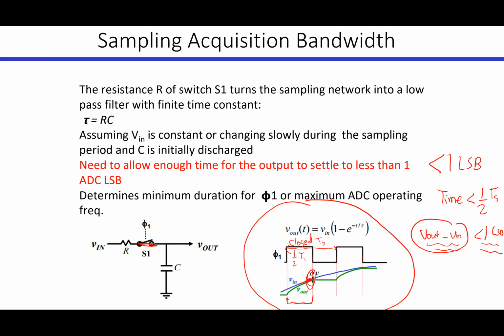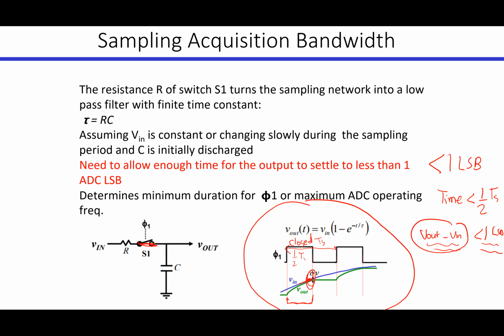Yes, you need to make sure that your switch on resistance stays within a certain size. The maximum resistance that you can have should be lower than a certain value in order to guarantee that these conditions happen.